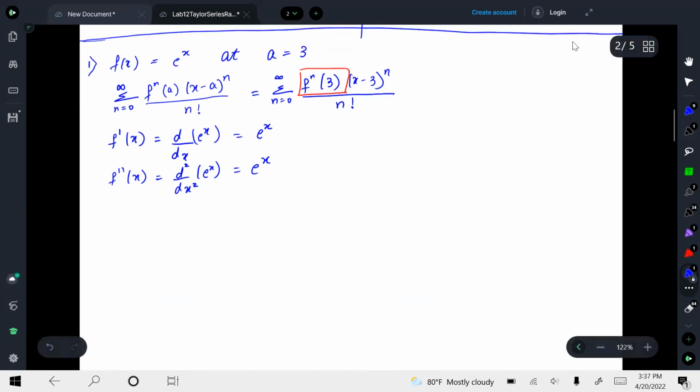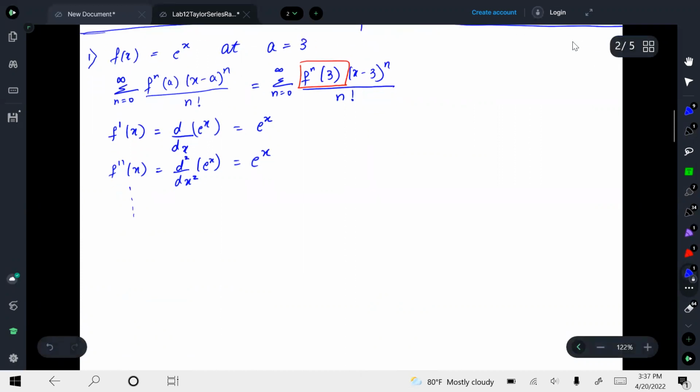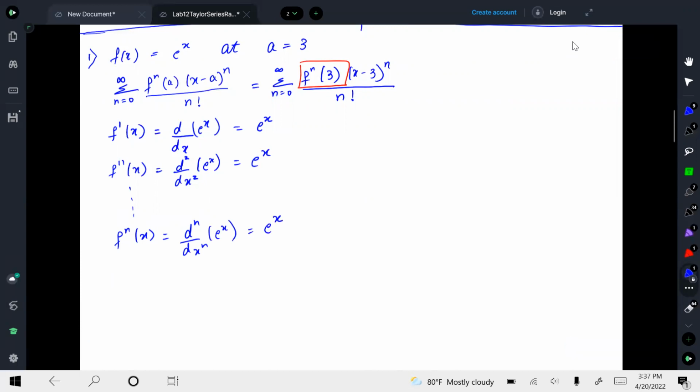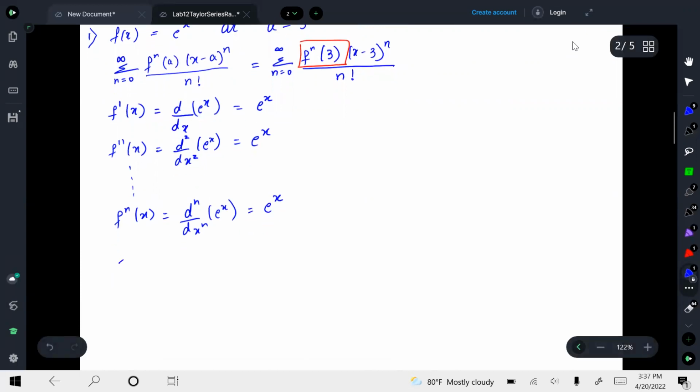So if you keep on finding the derivative, the nth derivative, d n by dx to the power of n of e to the x, is nothing but the function itself. Now we need to find what is f to the power of n of 3, right? Instead of x, just plug in 3, you get e to the power of 3.